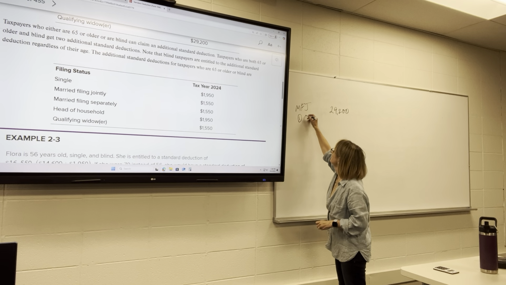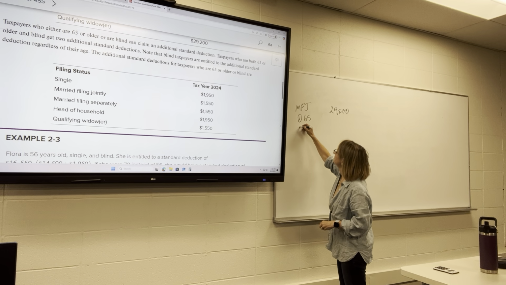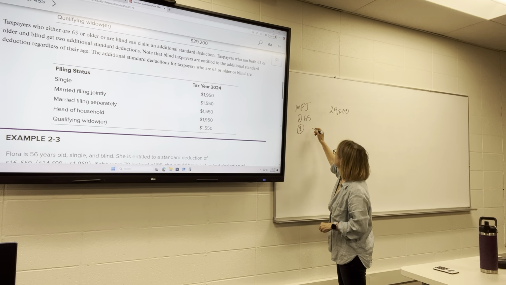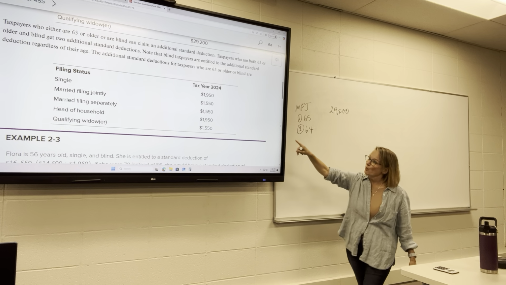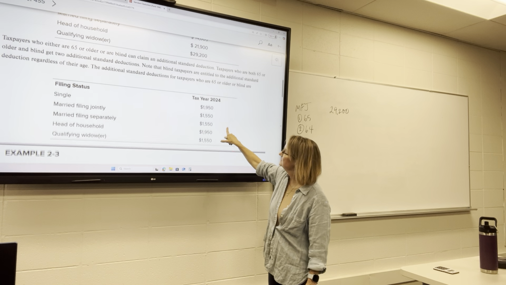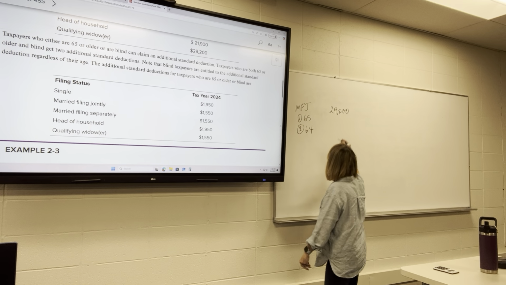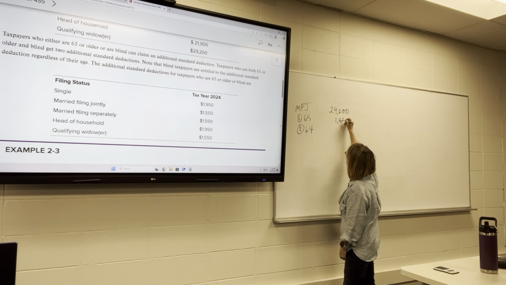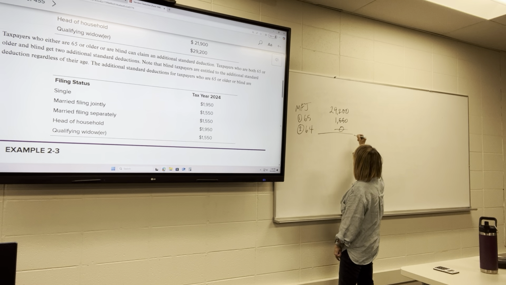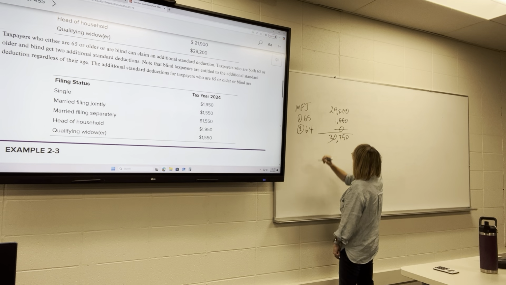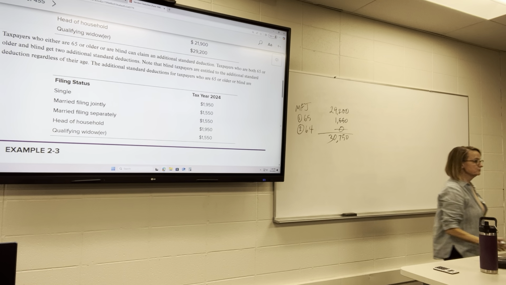Spouse 1 is 65. Spouse 2 is 64. Spouse 1 gets an additional $1,550. Spouse 2 gets nothing. Full standard deduction is $30,750.